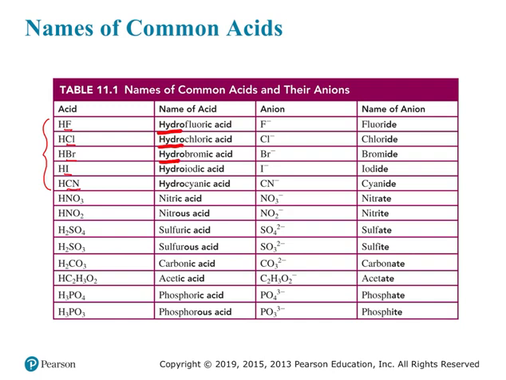So these are all hydro followed by the nonmetal name or the cyanide, and the ending is ic acid. So we have hydrofluoric acid, hydrochloric, hydrobromic, hydroiodic, and hydrocyanic acids.